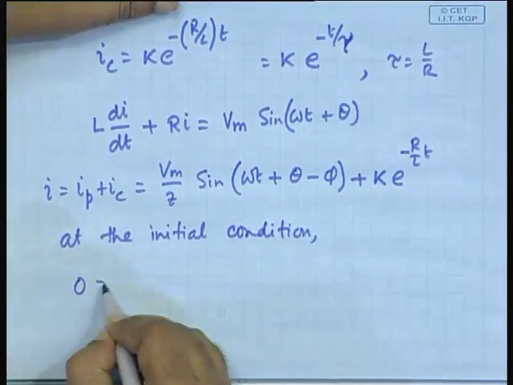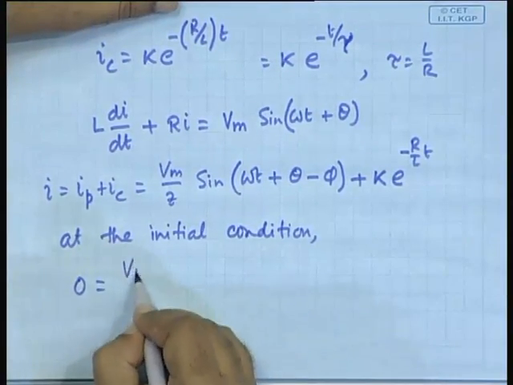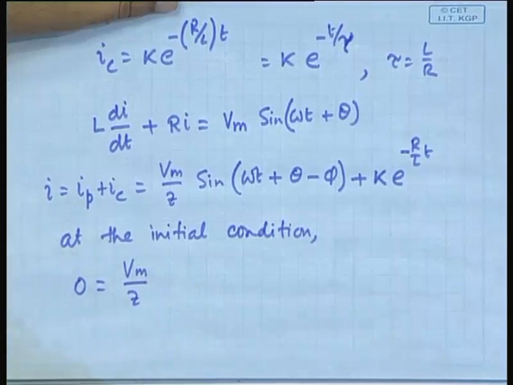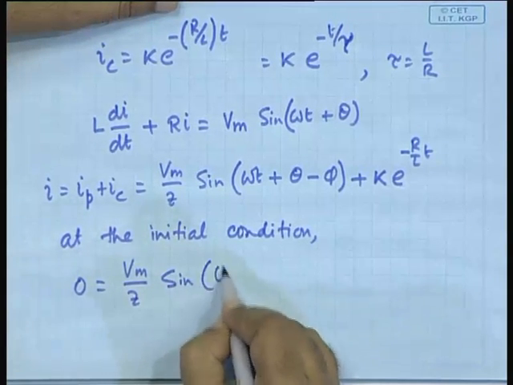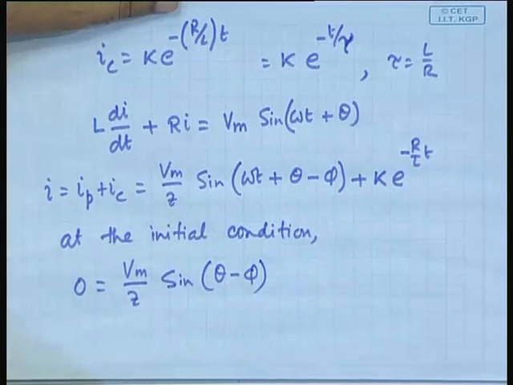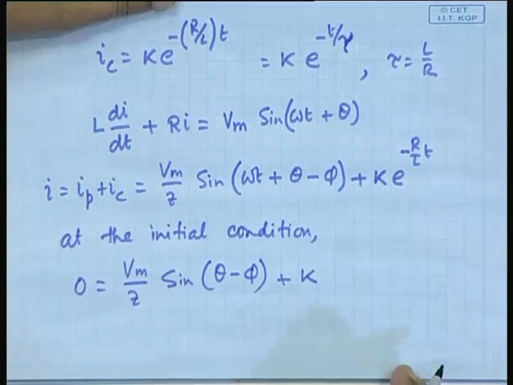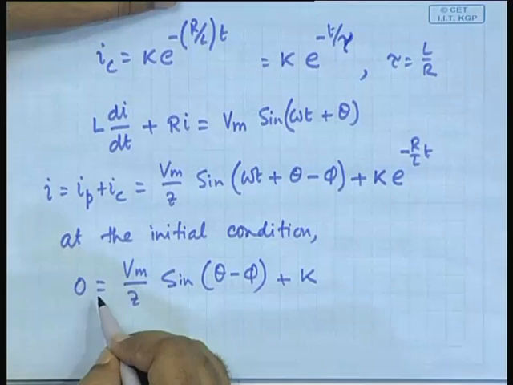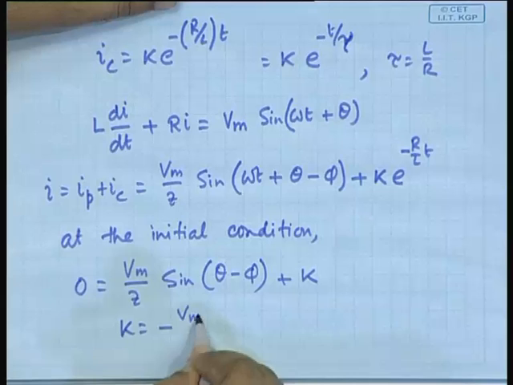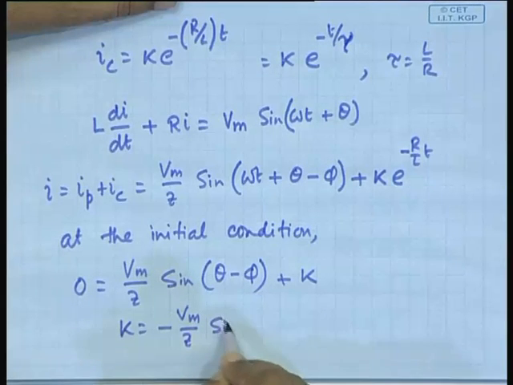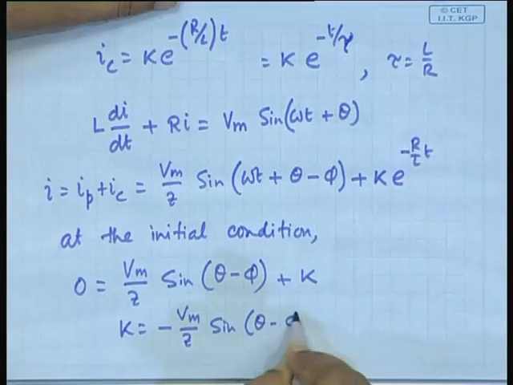So 0 is equal to V m by Z sin (theta minus phi) plus k, okay, or k is equal to minus this. So k is equal to minus V m by Z sin (theta minus phi).